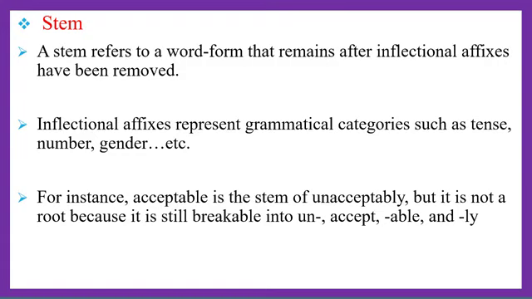That is, we still have a root plus some of the affixes, for example. But it is not a root because it is still breakable. We can still break the word into accept and able. So that's not a root, in this case, acceptable.